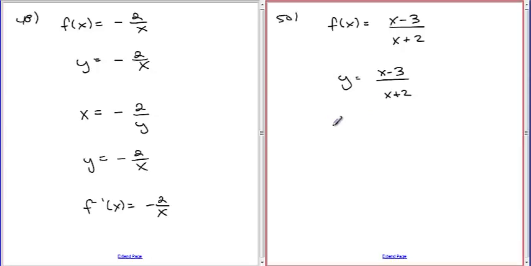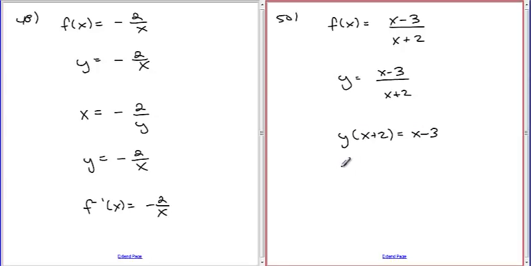Then solve for x. So how the heck do we do that? So I'm going to multiply out: y times x plus 2 is x minus 3.